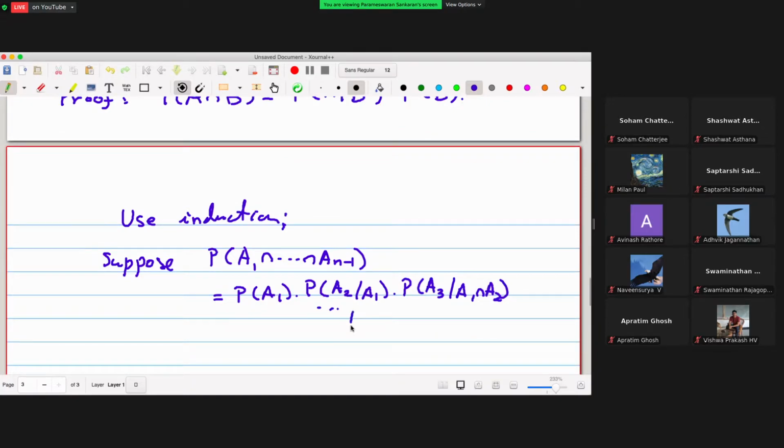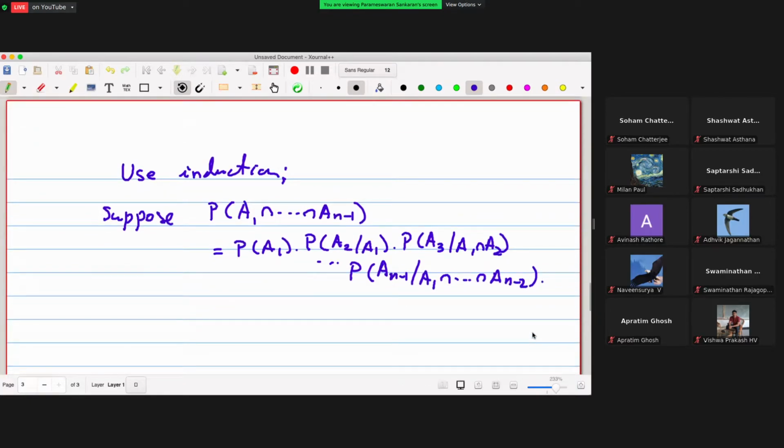And finally, probability of An minus 1 given A1 intersection and so on up to An minus 2. Of course, I should put n equals 3 so that I will have A1 intersection A2, that is probability of A1 times probability of A2 given A1, that is correct. Because n minus 2 becomes 1, it's already checked, so here I may as well suppose n bigger than or equal to 3.